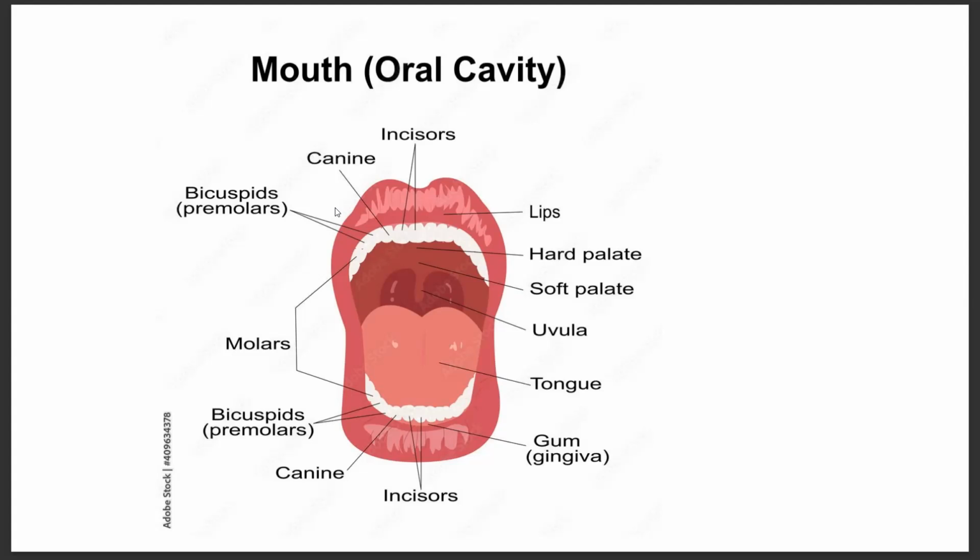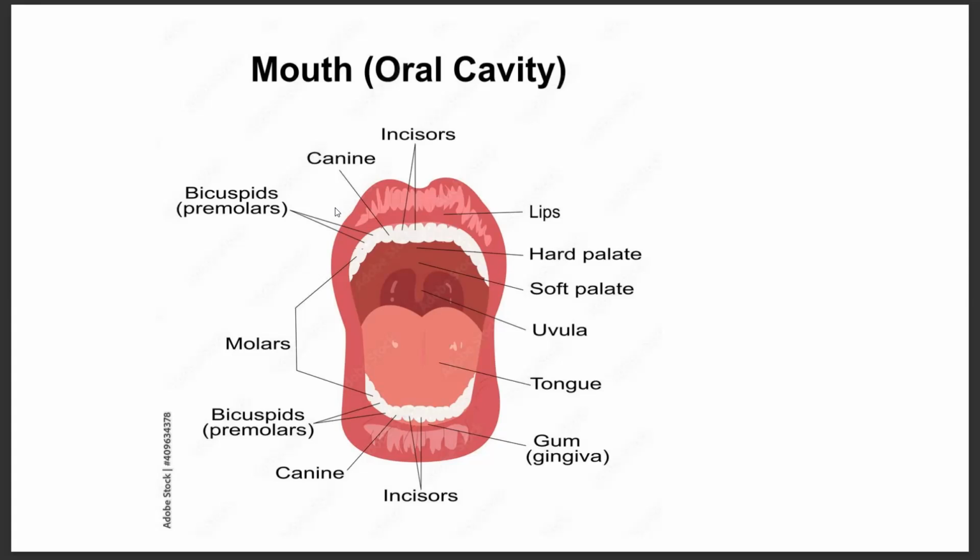These teeth cut the food, mash it and grind it. They are different in shape. Canine, premolar, molar, and incisor don't look the same. They have different shapes. Anyway, we don't have to study them.